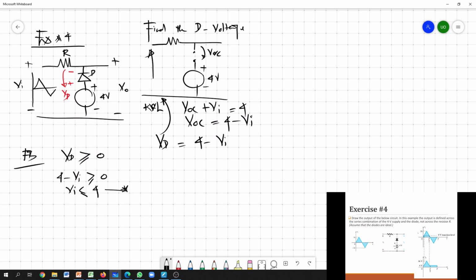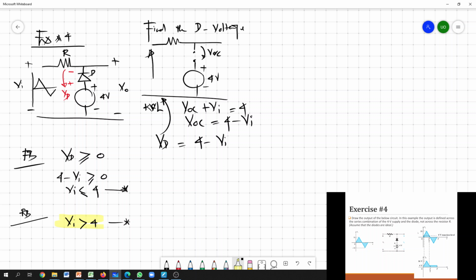So to make it reverse bias, it should be the other way around. If your input is greater than 4, it gets reverse bias, keep in mind. So here the condition is slightly different. To make the diode reverse bias, you have to maintain your input above the 4.